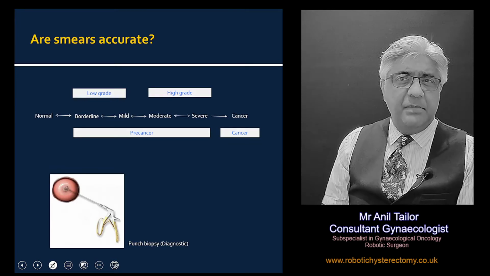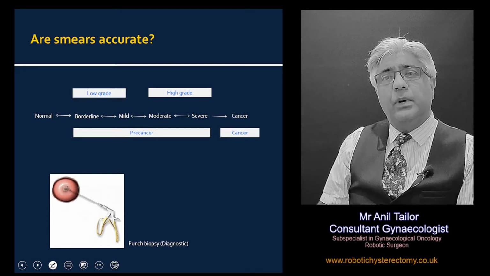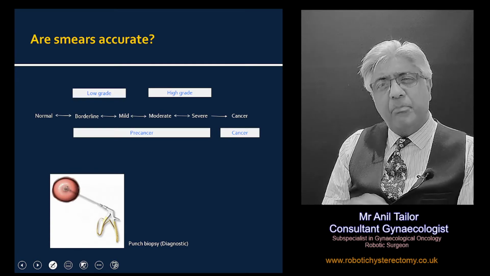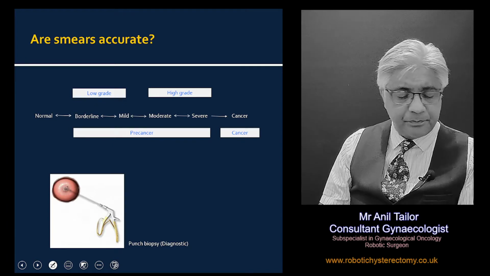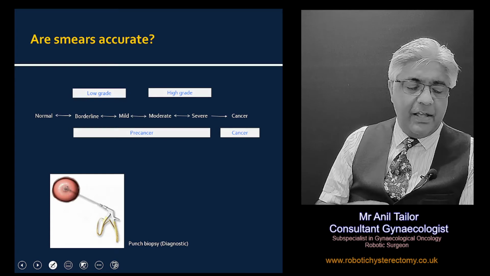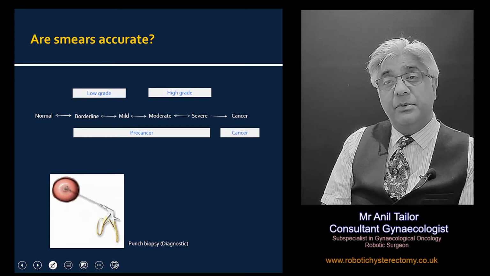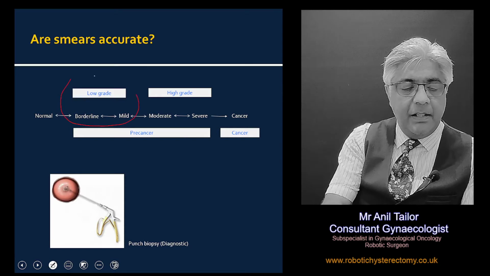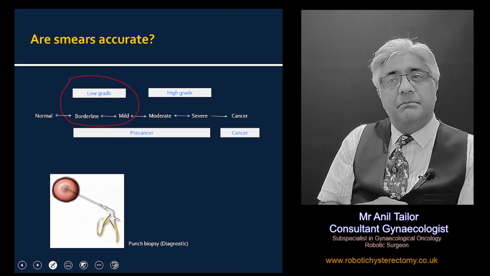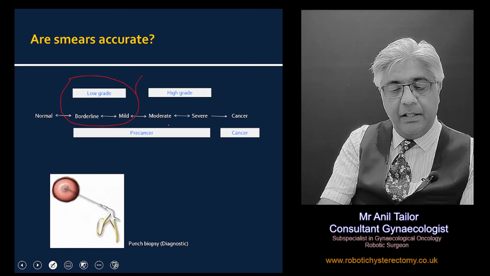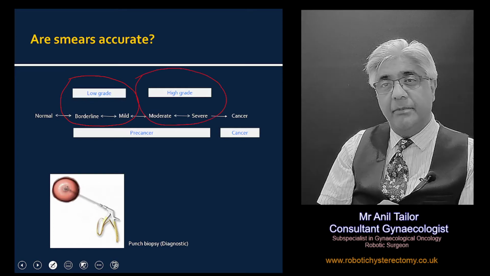So why do we need to do the colposcopy in the first place? Why don't we just believe smears and what they're telling us? Well, smears are not 100% accurate. Smears are approximately 90% accurate. And so what that means is that if somebody has been referred with a low-grade abnormality, then it's 90% correct, meaning there is a 10% chance that actually they are hiding a high-grade abnormality.